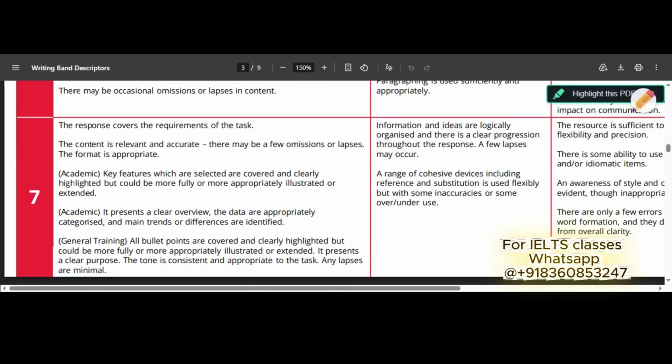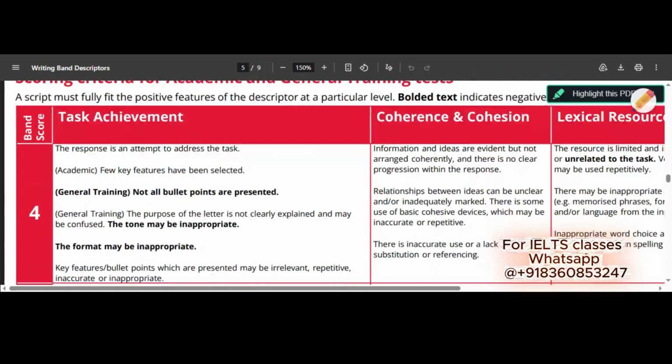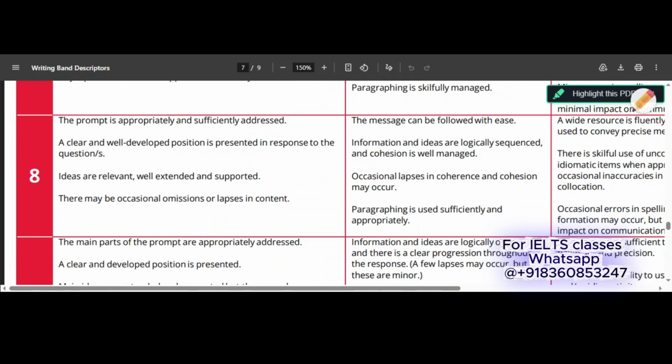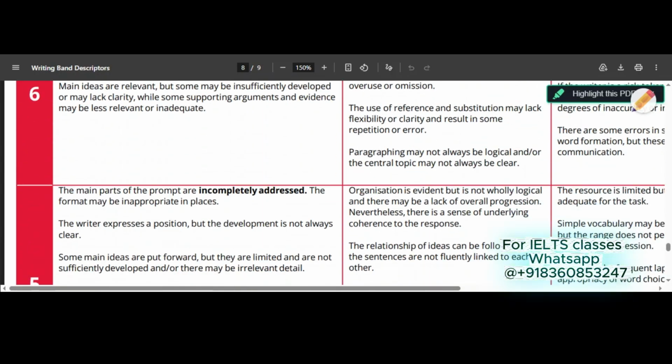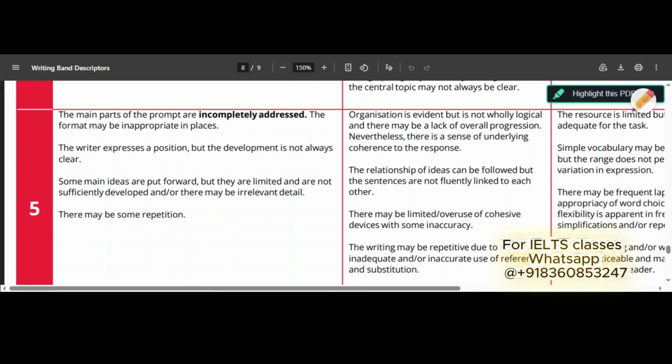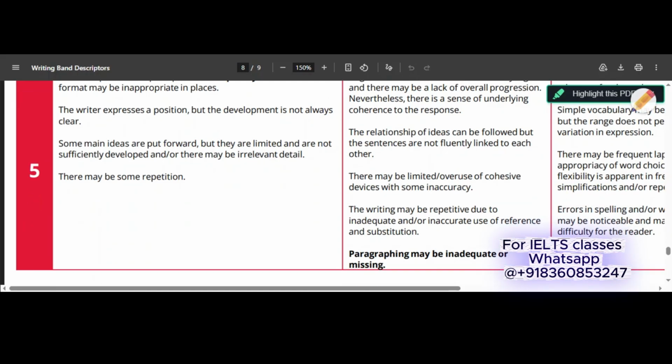Like for example, I'd like to show you here also. You get a lower score in the coherence and cohesion part because of this thing: the writing may be repetitive due to inadequate or inaccurate use of reference and substitution.